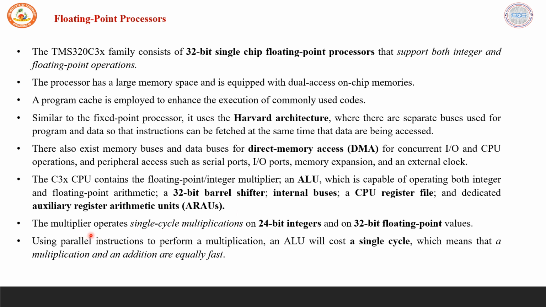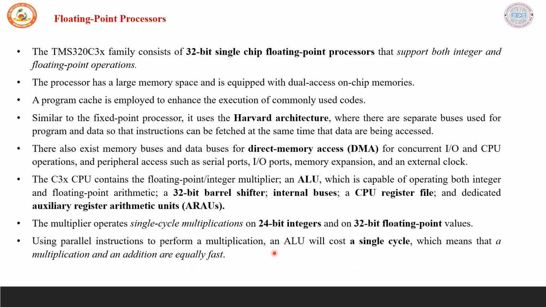The multiplier operates single cycle multiplication on 24-bit integers and on 32-bit floating point values. The operation of multiplication on these large numbers is completed in one single cycle. Using parallel instructions to perform multiplication and ALU operations will cost only a single cycle, which means that a multiplication and an addition are equally fast.